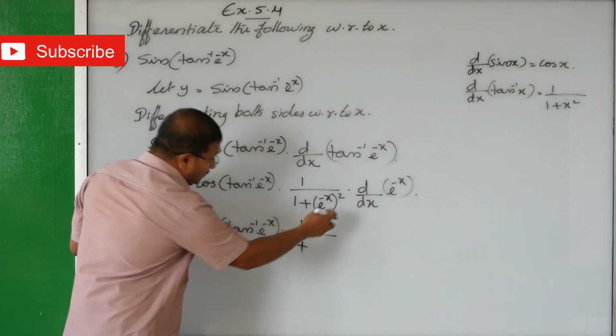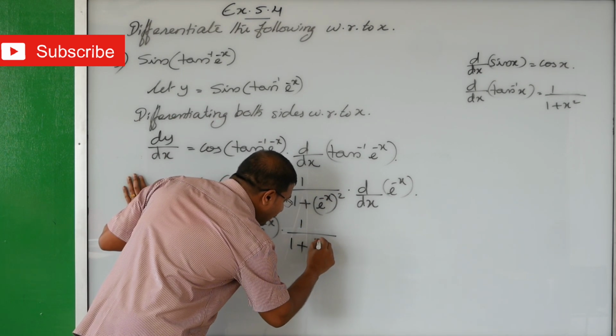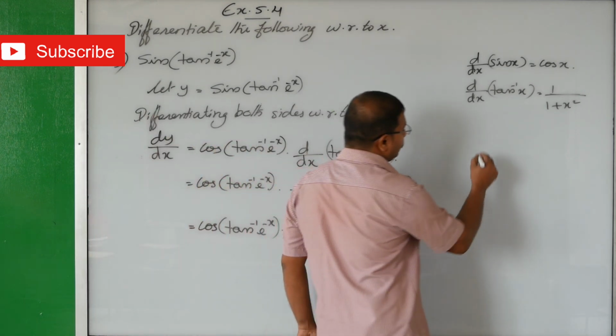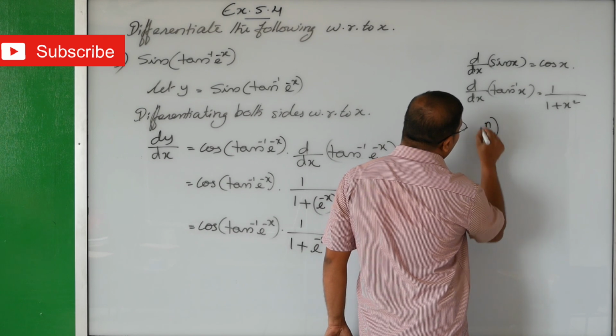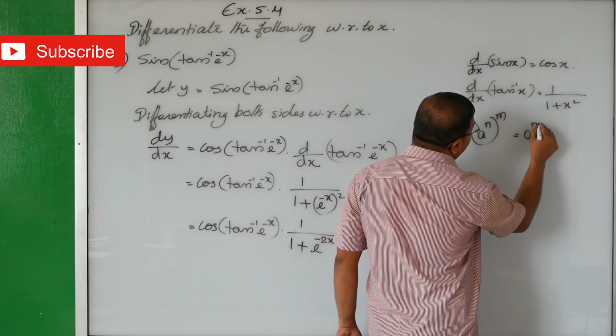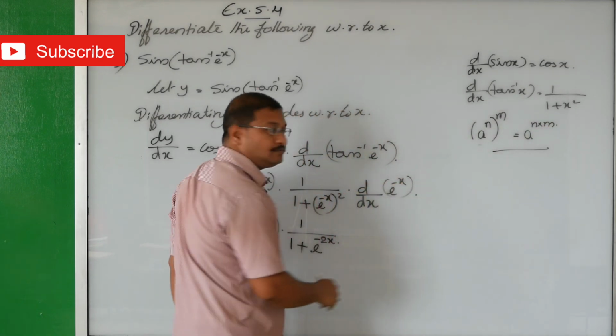What can you write? Yes, the 2 will go inside, isn't it? That means e raised to minus 2x. If you have doubt, a raised to n the whole raised to m equals a raised to n into m, or m into n. Ready?